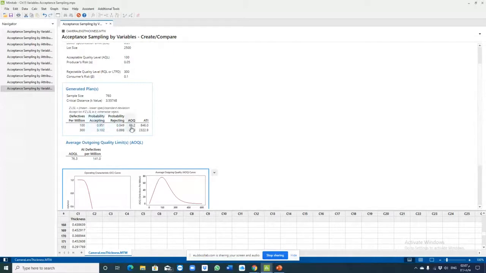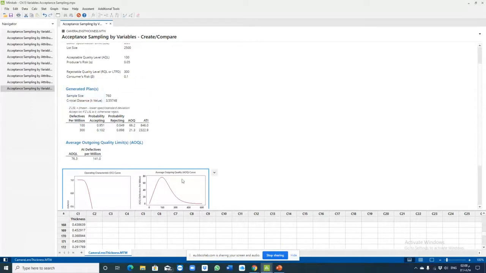And the average outgoing quality at the AQL, or acceptable quality level, will be 66 defective per million, and at the RQL it will be 21 defective per million. The sample size, we said, is 760. The decision criteria about accepting or rejecting will be based on the critical distance or K value. If the Z value exceeds the specification, then we reject.